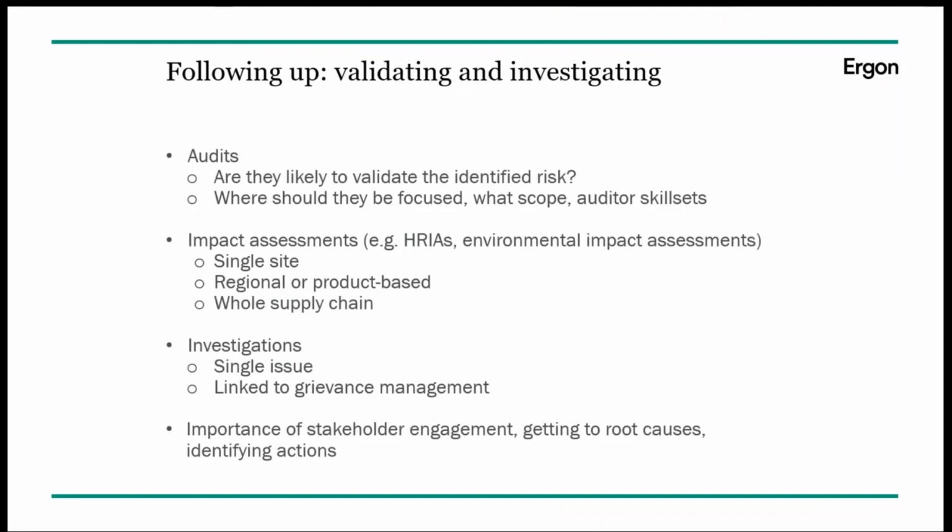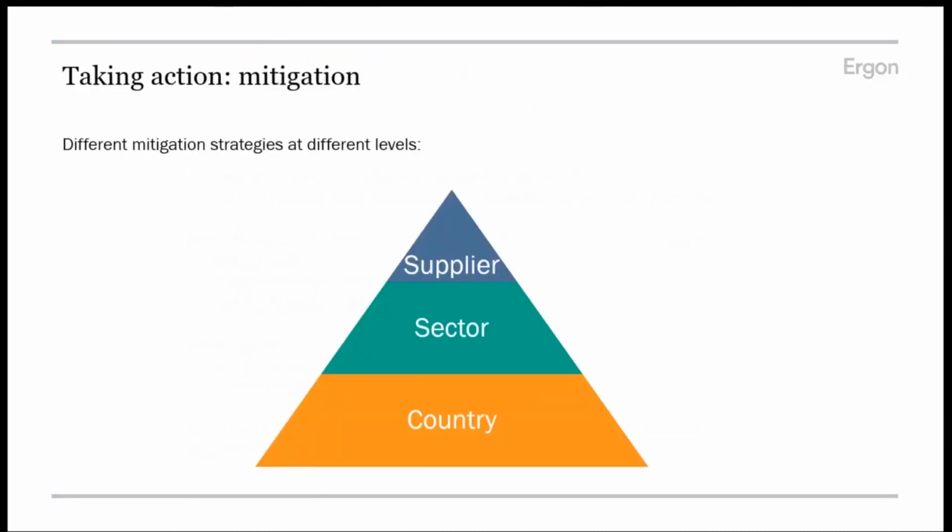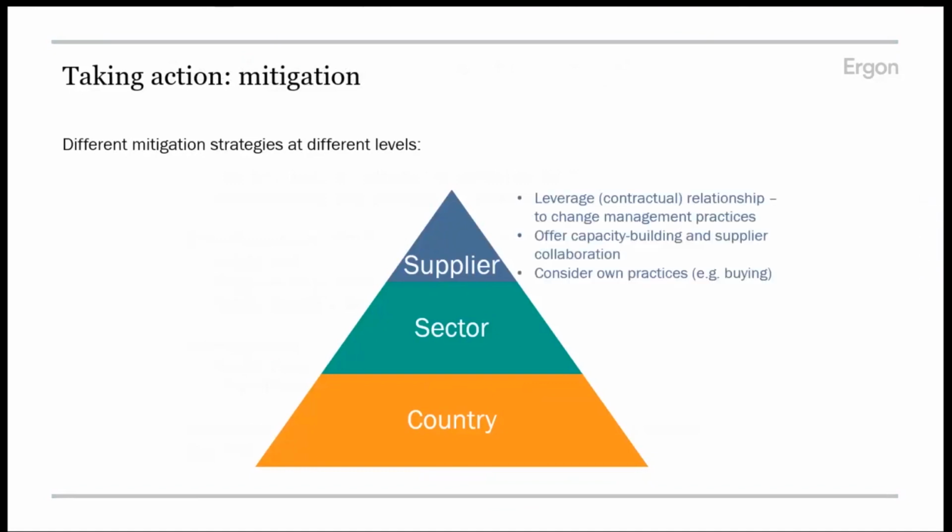So finally, taking action and mitigation. In terms of action, there's a number of different levels. Depending on what the risk is, there might be some reasonably simple actions, more along the lines of a corrective action plan, which you can put in place with a supplier.